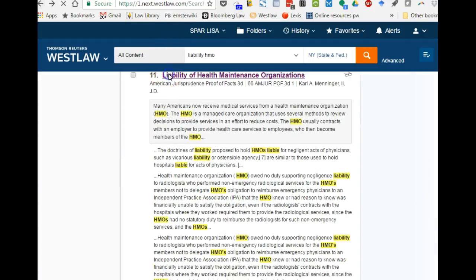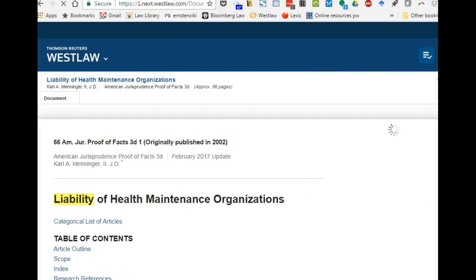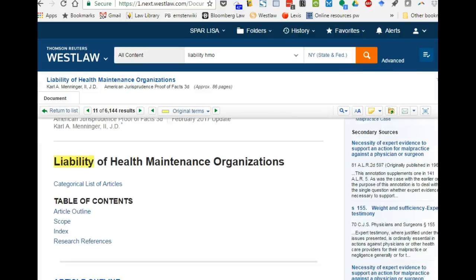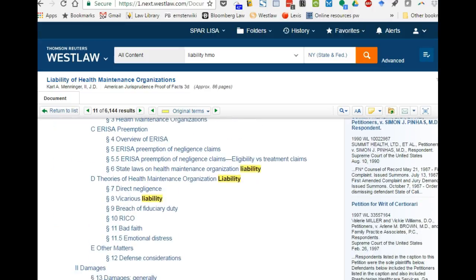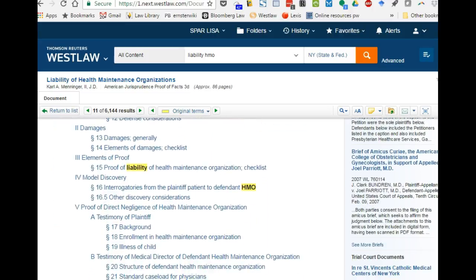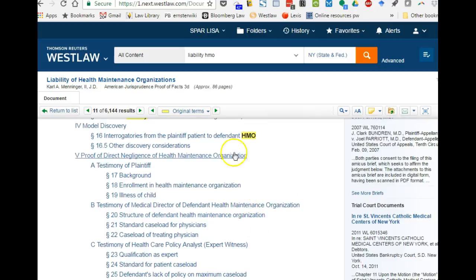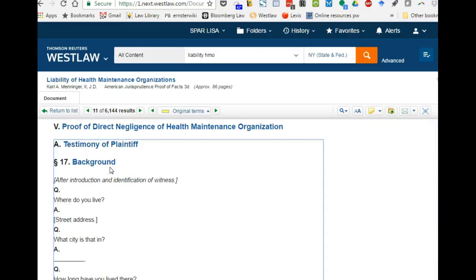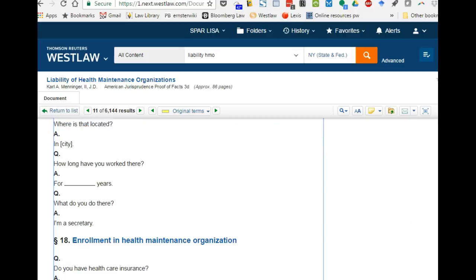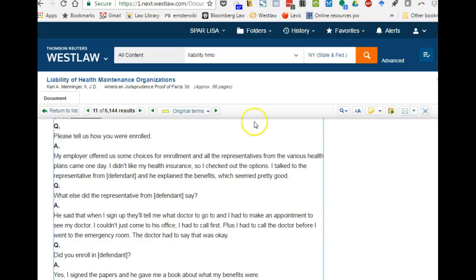I wanted to show you a couple other features of Proof of Facts, and then we'll look at causes of action, which is rather similar. You actually have testimony. So if you wind up in court, here are questions you might have prepared for the plaintiff.